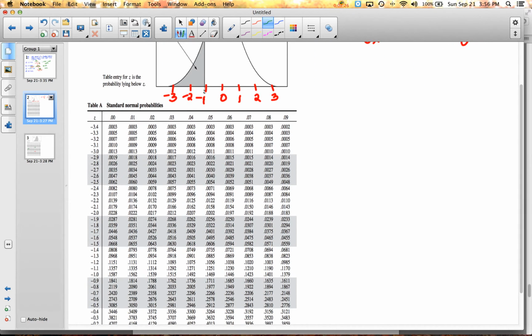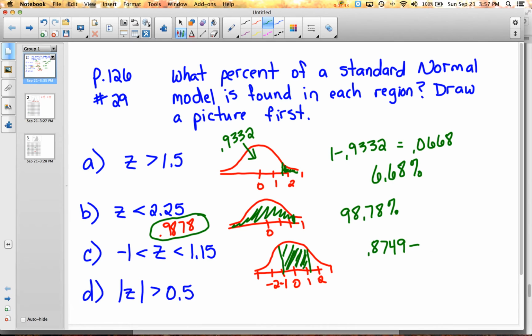So -1 is 0.1587. And then we're going to subtract that to come up with our answer. And we get, let's see, 0.7162.